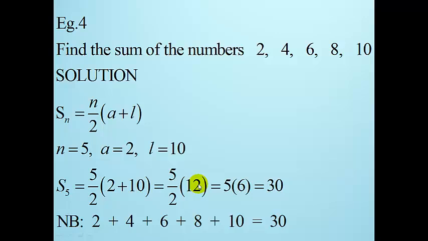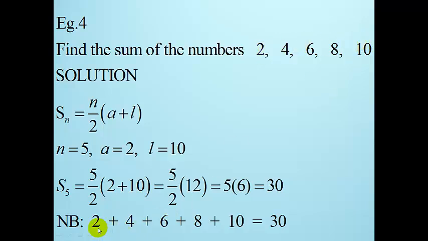Now 2 goes into 12 6 times, and that is how come we have 6 in the bracket. Don't forget you have 5 outside. So 5 times 6 will give us 30. So the sum of the terms 2, 4, 6, 8, 10, according to the formula, is 30. Now let's take note of this. When we say sum, it means that we are supposed to add the terms.